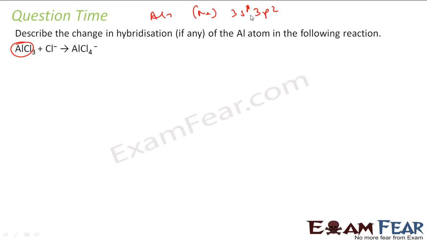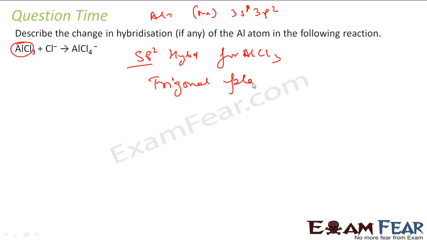So it goes for sp2 hybridization for AlCl3. Thus, since it is sp2, my shape is trigonal planar, right, for AlCl3.